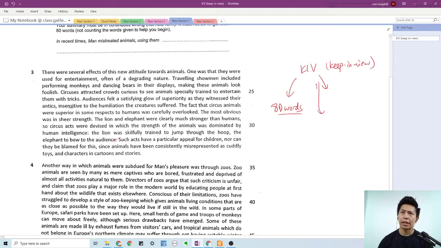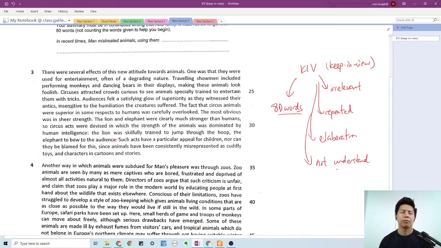What are some of these points that you want to label as KIV? Points that are potentially irrelevant. You're not 100% sure if it is what the examiners are looking for. Secondly, points that are potentially repeated, points that are just elaboration of an earlier point. KIV is also useful for points that you do not understand fully.